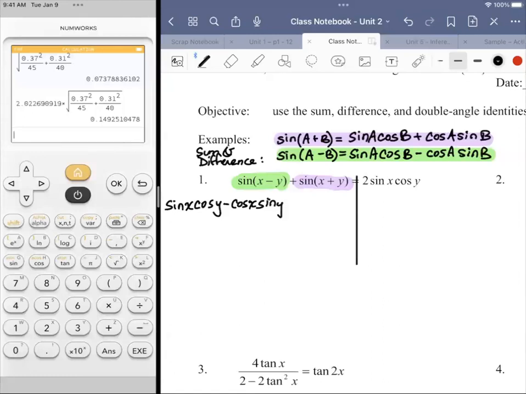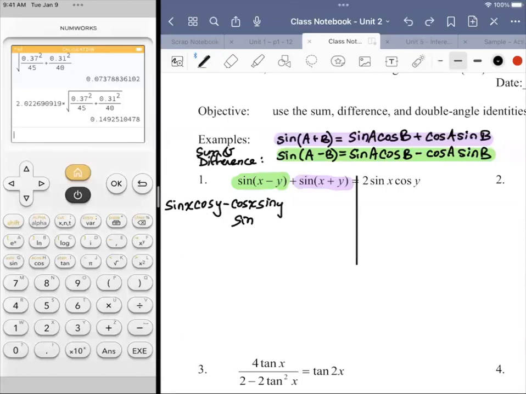Now addition is commutative, so you could actually write this one in reverse. I wouldn't write this if I were you, but I'll just show you: sine X cosine Y plus cosine X sine Y. There are a couple different ways you can handle this.